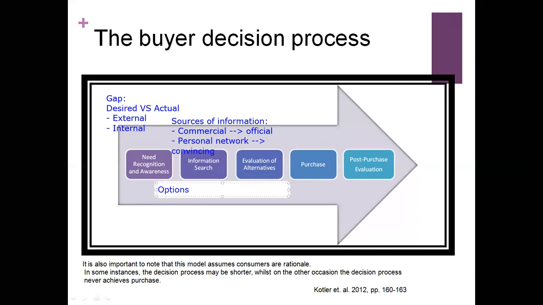And the outcome of the information search is basically options. After we do the research, we have options, maybe 2, 3, 4, or more. These options lead us to the next stage, which is the evaluation of alternatives. This is the stage where our consumers are evaluating, judging. What are the elements that they are going to review?